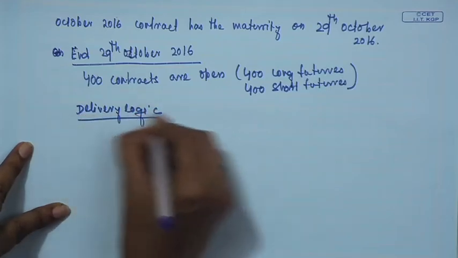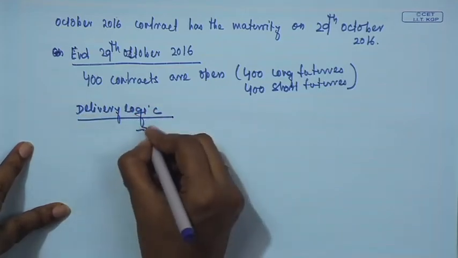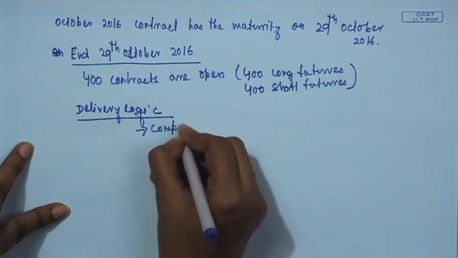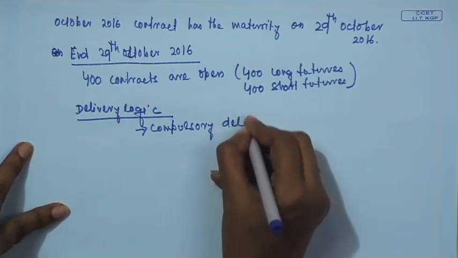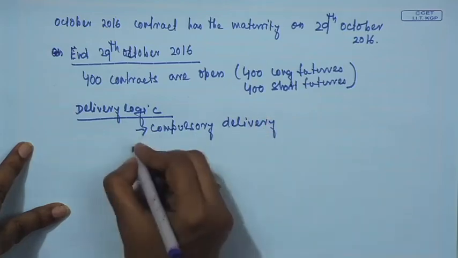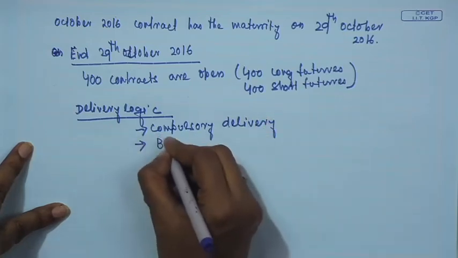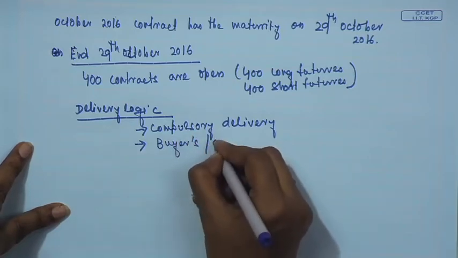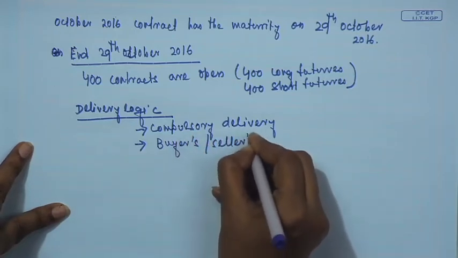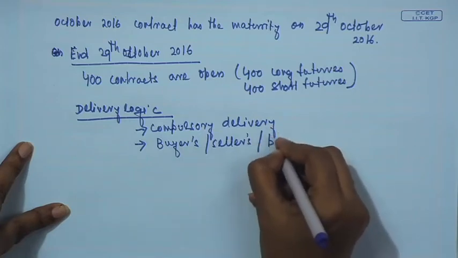You can have compulsory delivery, you have buyer's or seller's or both choice.